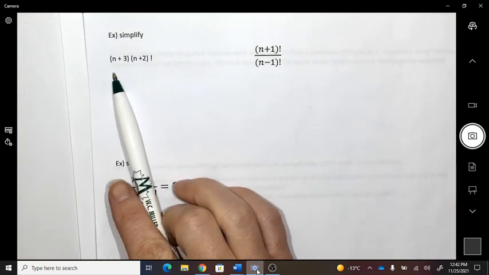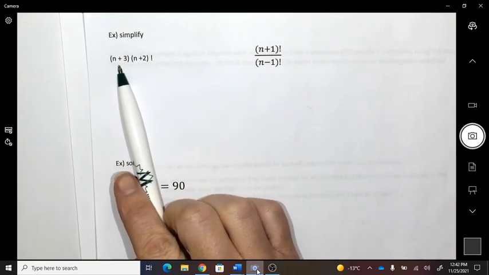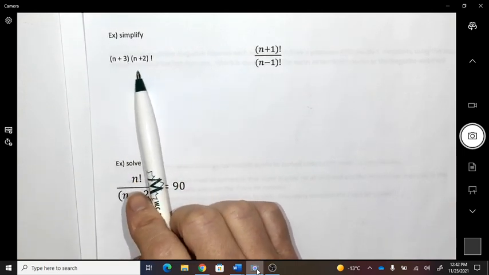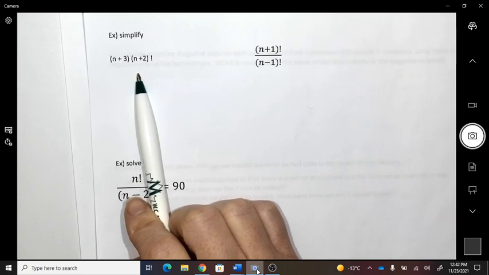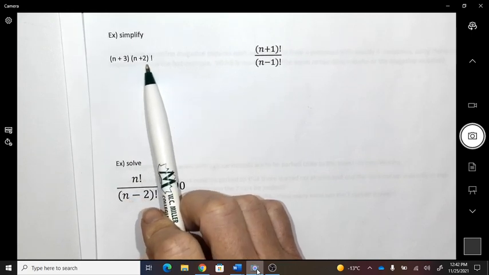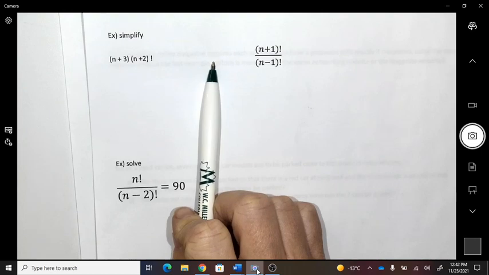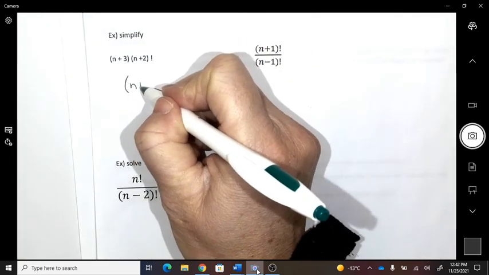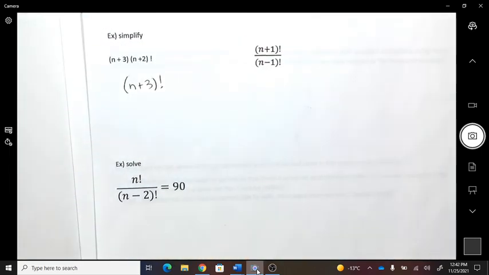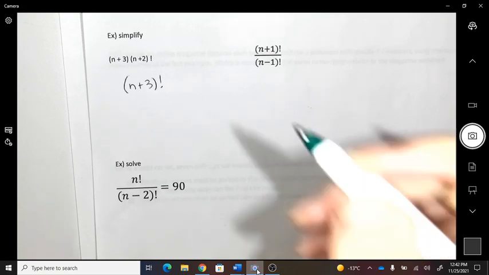Simplify this. So this started at an n plus 3, and then it went n plus 2, which is lowered by 1, and then this keeps lowering by 1. Why can't I just start at that? It'd be like me saying 6 times 5 factorial. Why don't you just start at 6 factorial, right?